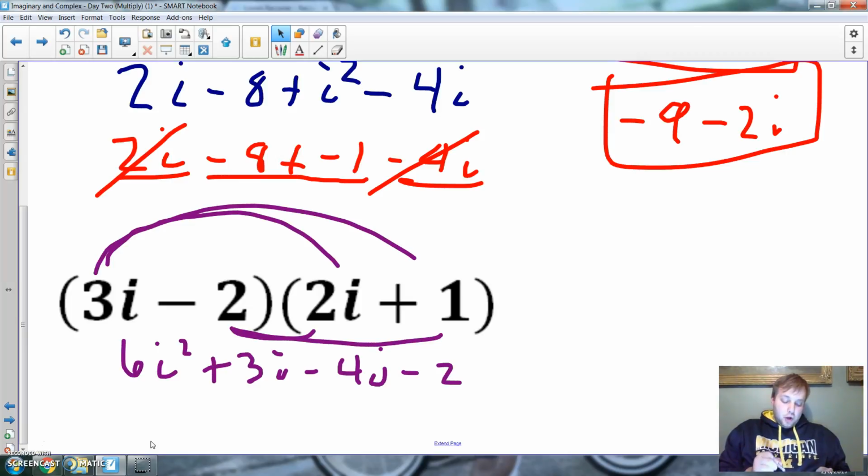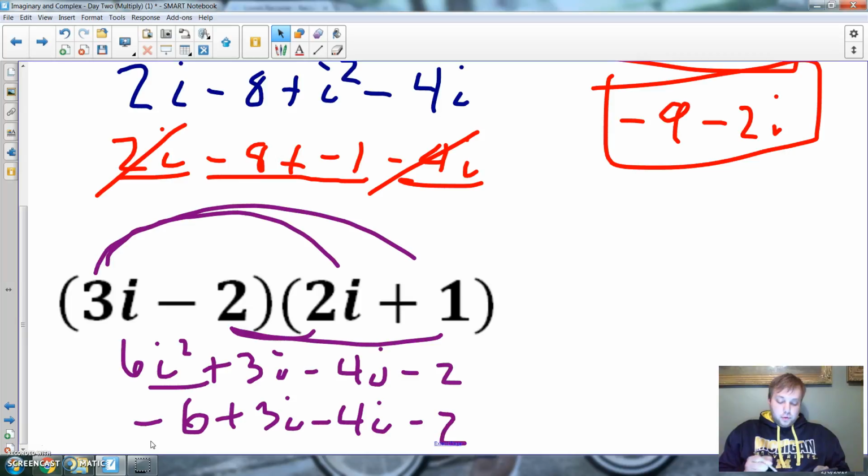All right, so first off, I see this, and that's your i squared. Two i's say it's a -1. Well, what's 6 times -1? Should be -6, right? Plus 3i minus 4i minus 2. Let's combine. -6 and -2 is -8. Those are like terms.